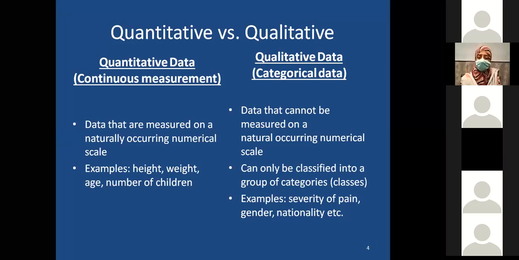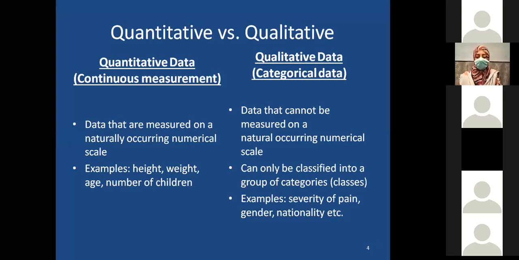The data that are measured on a naturally occurring numerical scale. For example, you have heights. Some people have height of 5 feet 9 inches, for example, and 5.9 inches. So it's like it has points, it has fractions. And the same goes for weight, age, number of children.